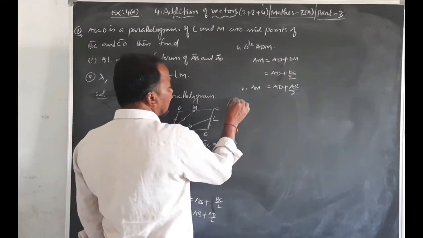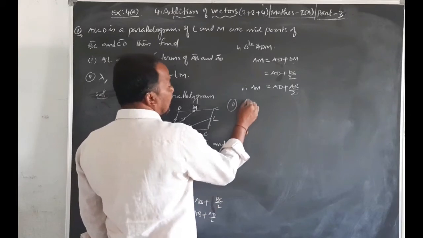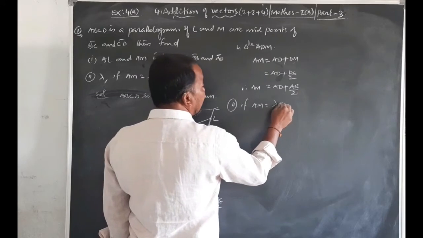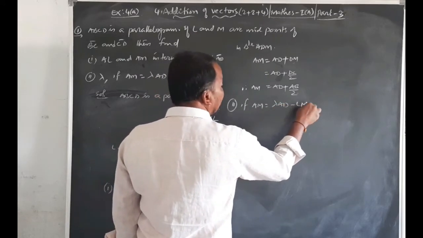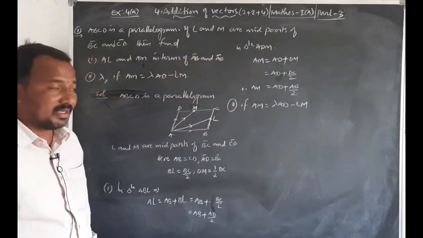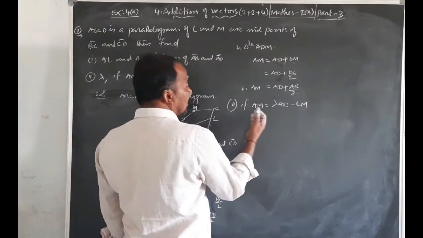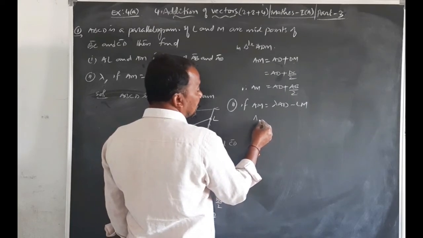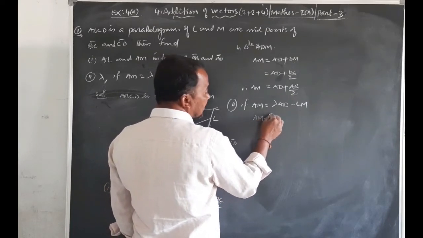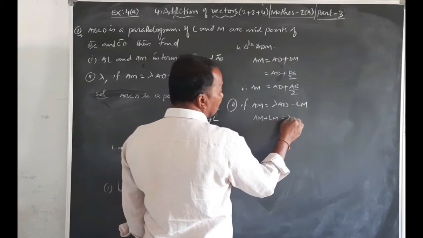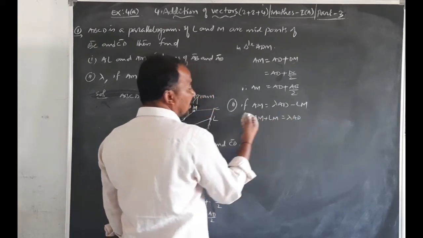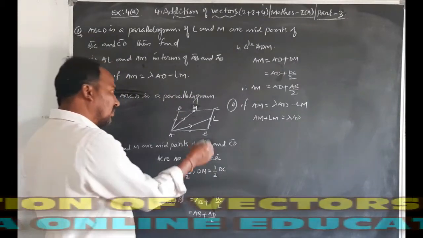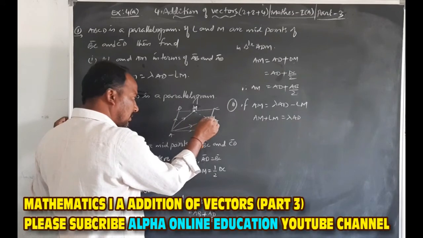Next, the second one is to find lambda, if AM equals lambda AD minus LM. Take the LHS: AM plus LM equals lambda AD. Now find LM.